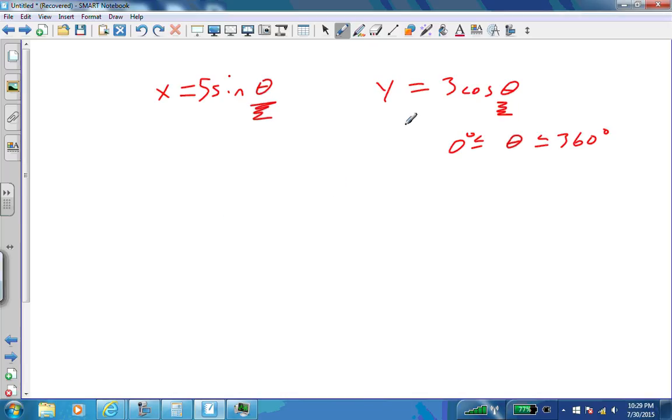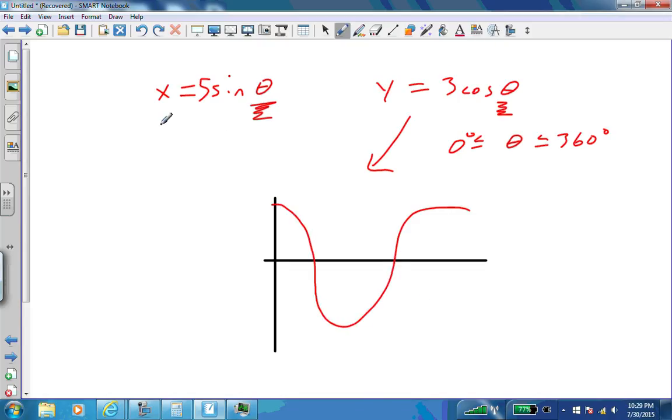So in trig, if we graphed that equation, y equals 3 cosine theta, that would correspond to some curve that looked something like this. If we plotted that in trig, then that would give us some curve like this.